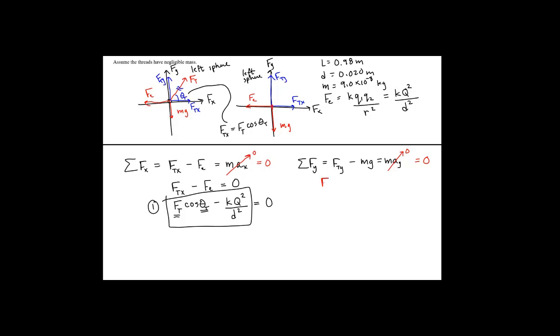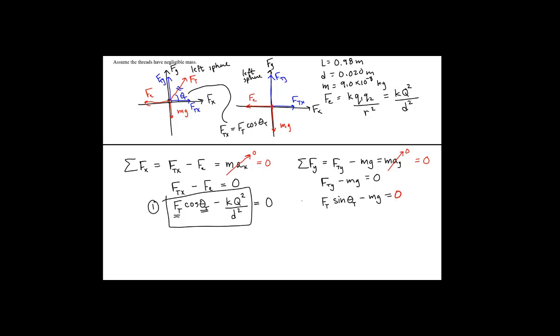So this means that the component of tension in the y direction minus the weight of a sphere is equal to 0. And similarly, using trigonometry, the tension force in the y direction is equal to the magnitude of tension times the sine of the angle the string makes with the x-axis minus mass times gravity is equal to 0.